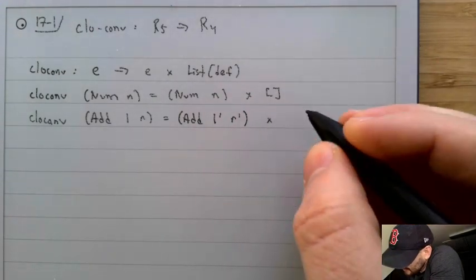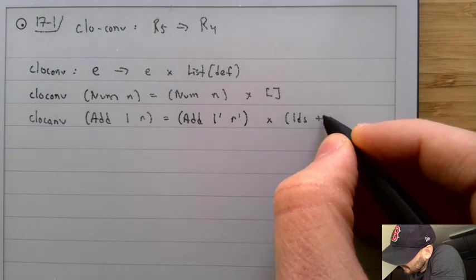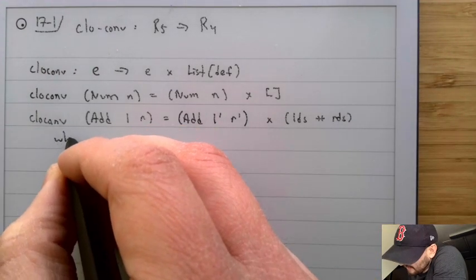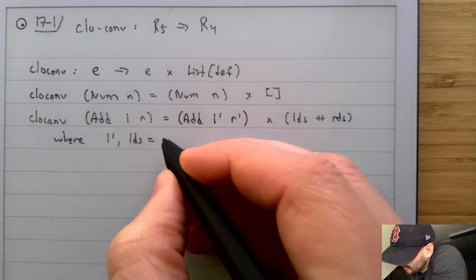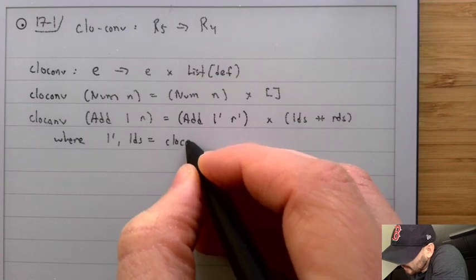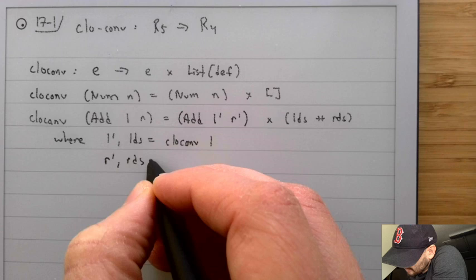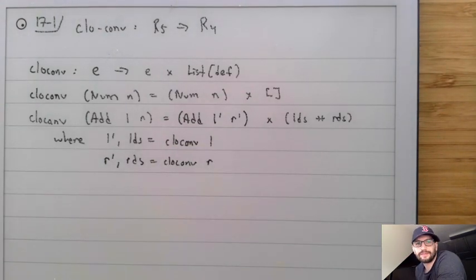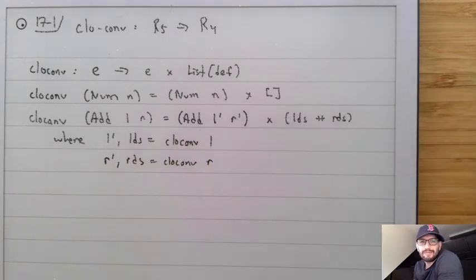And we're going to pair this up with all of the definitions on the left combined with all of the definitions on the right, where left prime and the left definitions is calling closure convert on the left, and then the right prime and the right definitions is calling closure conversion on the right. Okay, so these two rules are like 90% of the cases, because they don't really do anything.